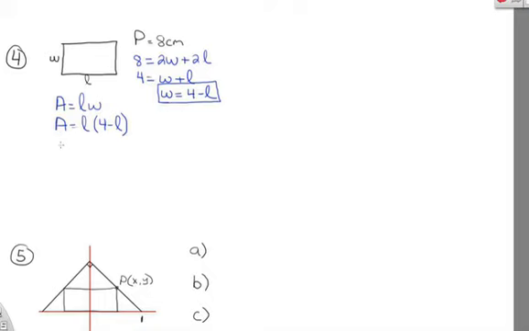And let's go ahead and distribute. The area is equal to negative L squared plus 4L. And that I will come back and finish later.